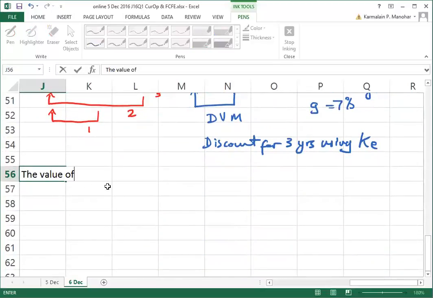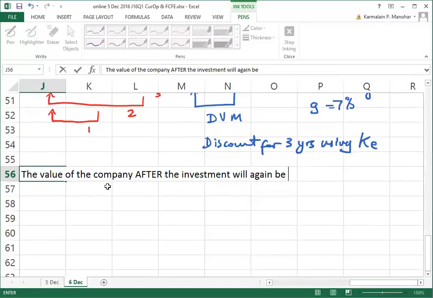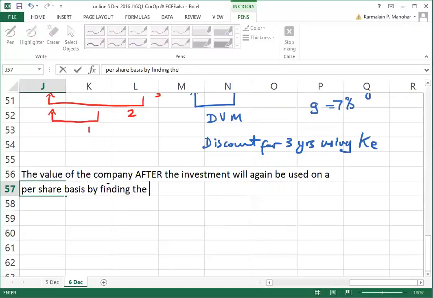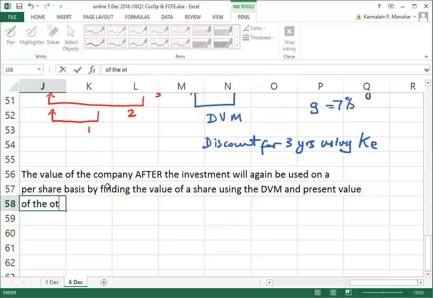The value of the company after the investment will again be used on a per share basis by finding the value of a share using the DVM and present value of the other dividends given.